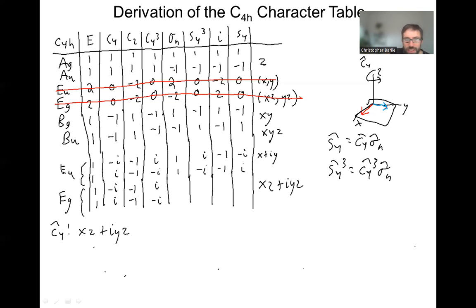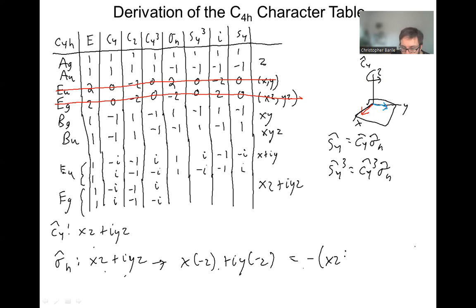But now, once we get to the negative 1 here, we're multiplying, so the sigma h, right? xz plus iyz, well, we know that the sigma h does nothing to x and y, but it turns z to negative z. So we got something like this, which is equal to negative quantity of what we started with.